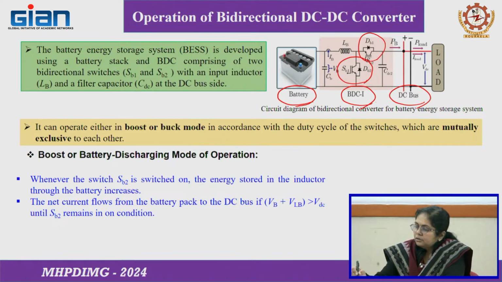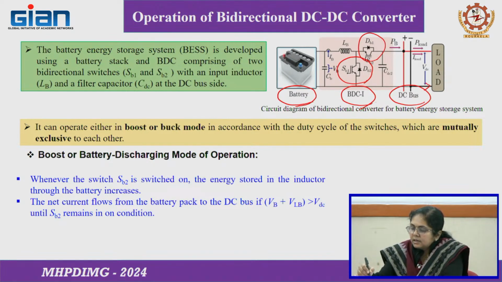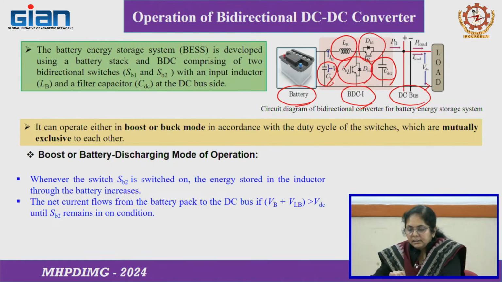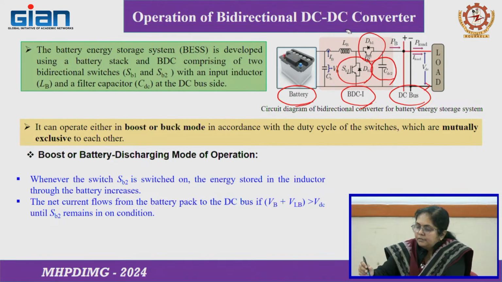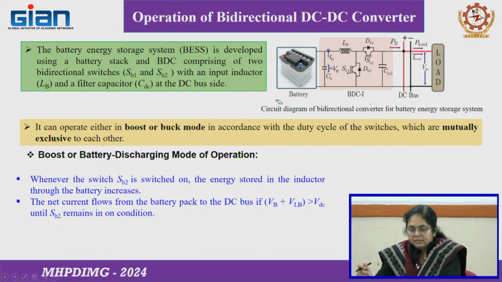The DC load is connected to the DC bus. It has the filter components: the input capacitor, the output capacitor, and the inductor filter. After understanding the operation, we will design the filter circuit for this converter.